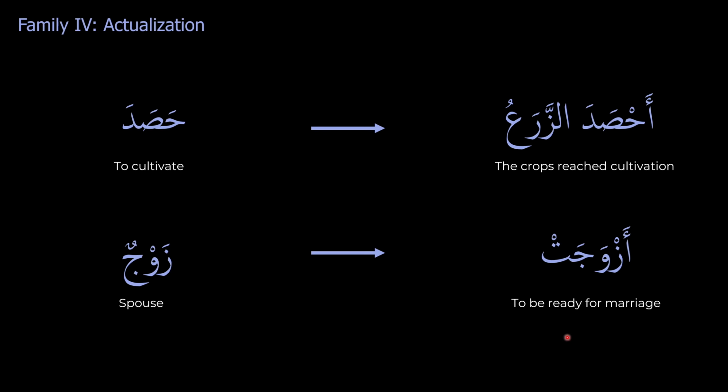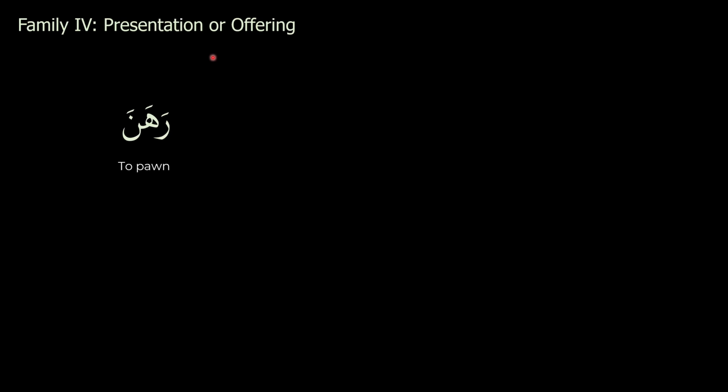So again, it has a meaning of actualization. Another meaning that's present in family 4 is presentation or of offering, right? So for example, if we have rohana, which means to pawn, then arhana in family 4 means to offer as a pawn, right? So it has the meaning of offering, right?